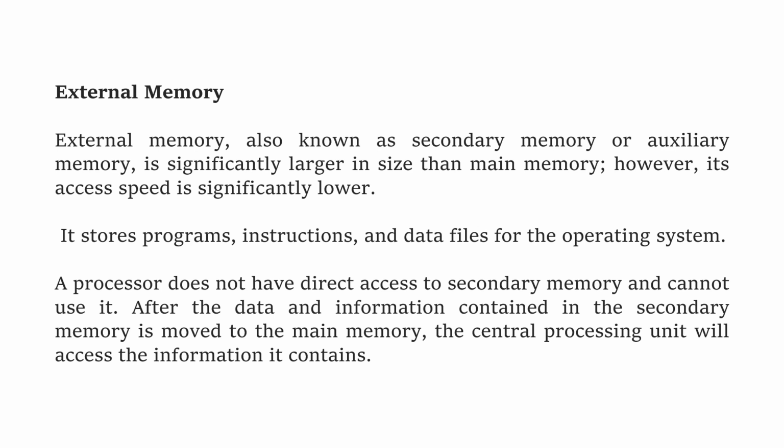A processor does not have direct access to the secondary memory and cannot use that data. After the data and information contained in the secondary memory is moved to the main memory, the CPU will access the information it contains. That is, the processor does not have direct access to the secondary memory. After its content is moved to the main memory, the CPU will be able to access it.